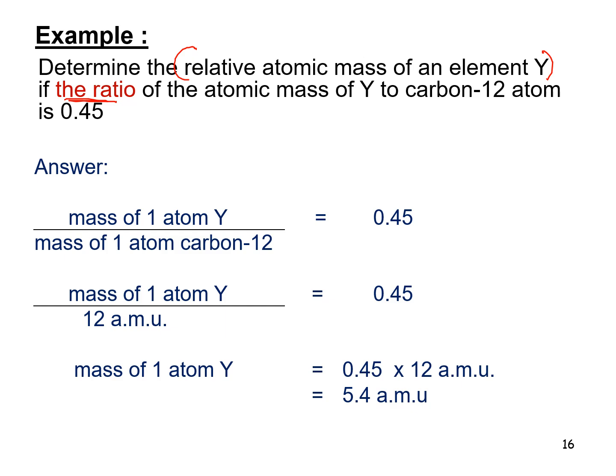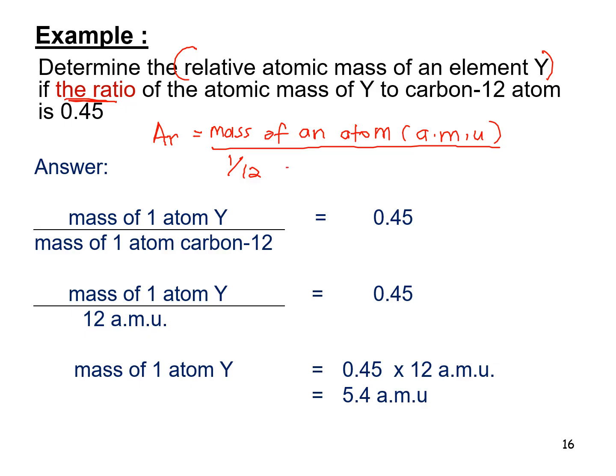Okay, macam tadi kita cakap relative atomic mass punya formula adalah AR is equals to mass of an atom, okay, in atomic mass unit bahagikan dengan 1/12 kalikan dengan mass of carbon 12 atom in atomic mass unit.